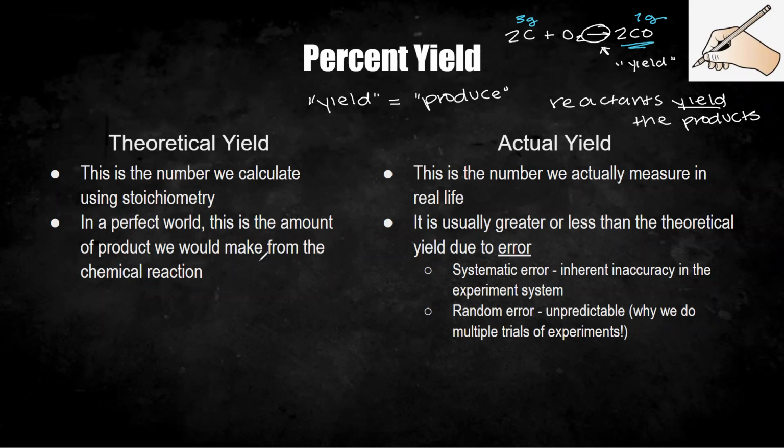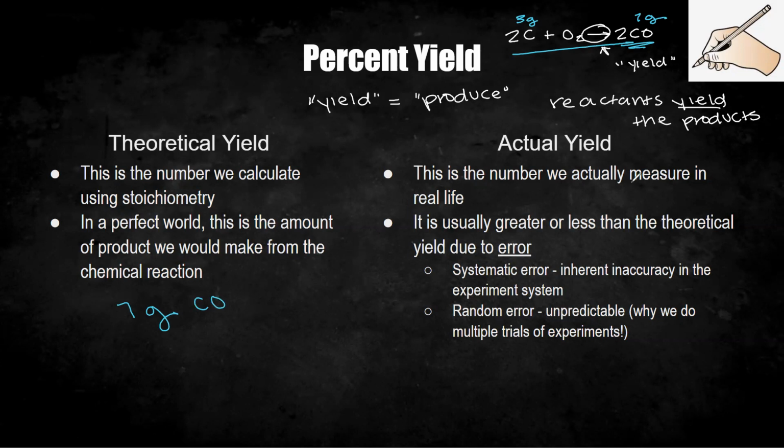We're doing these calculations. So when people say, oh, theoretically this would happen, this is exactly what we mean in chemistry class. The theoretical yield is what we would produce in a perfect world from the chemical reaction. So in a perfect world, in this reaction above, we are producing 7 grams of carbon monoxide.